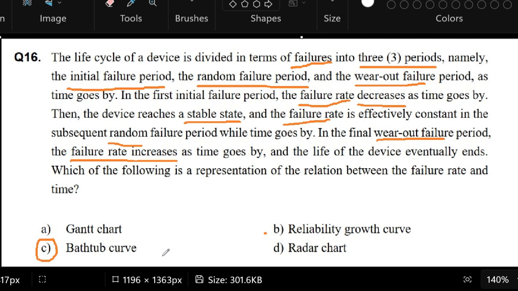First, let's look at the other choices. For example, the Gantt chart. The Gantt chart, we know, is used with project management. For example, you want to know how many man hours you need to put in to finish a particular work task.